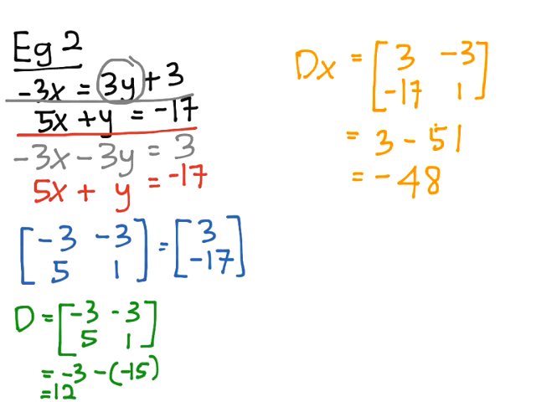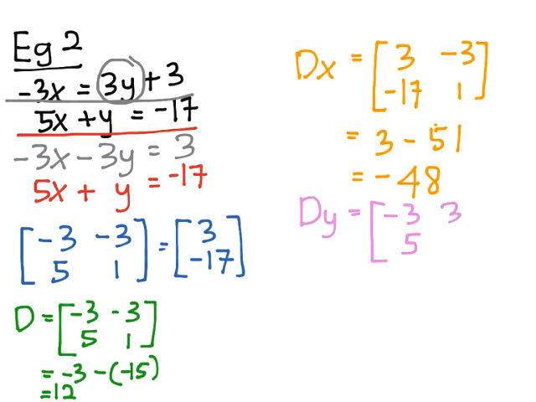And the last value we want to come up with is the Dy value. For Dy, we substitute the second matrix into the y column. So for the first column we use the original one, negative 3 with 5. Then we substitute the second matrix into the second column, which is the y column.